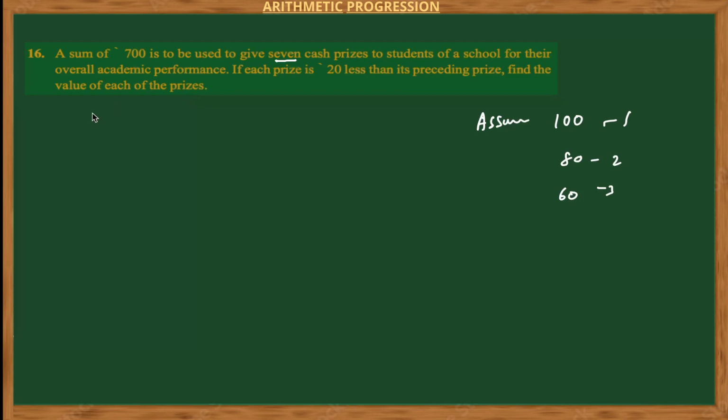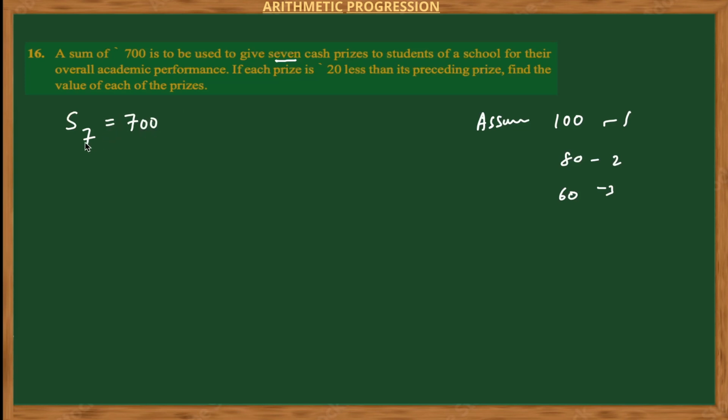So let's put it here. It says that the sum of 7 terms, the sum of 7 cash prizes, is given as 700.